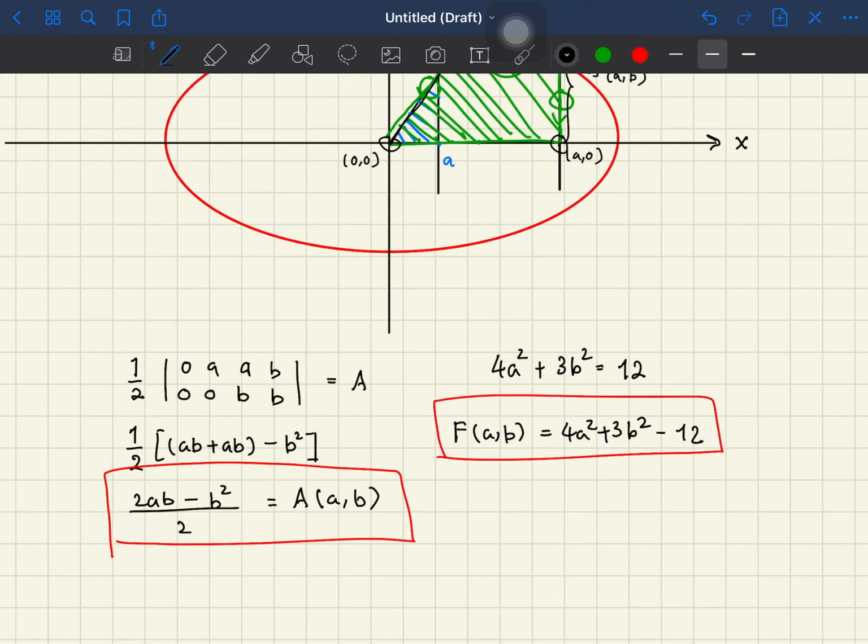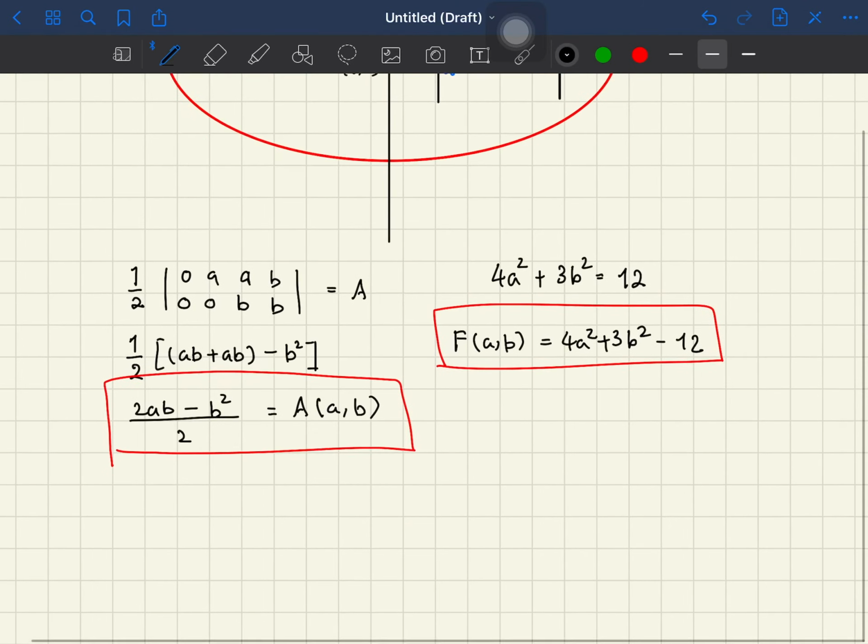Yes, according to our rule of thumb, excuse me, we can have actually two functions to solve two variables. But in this case, it's not about solving like simultaneous equations, but we have to use the Lagrange multiplier method, which has to do with multivariable calculus, a bit advanced, to solve for a and b, which give you the maximum value of A. Okay, the particular value of a and b.